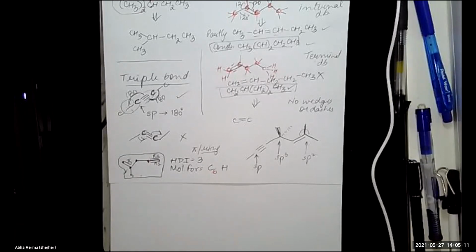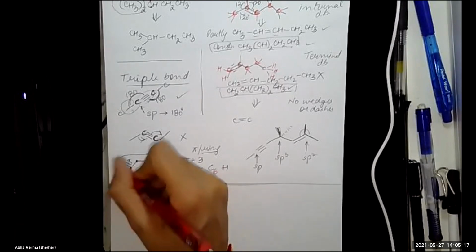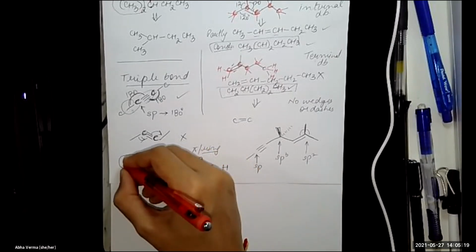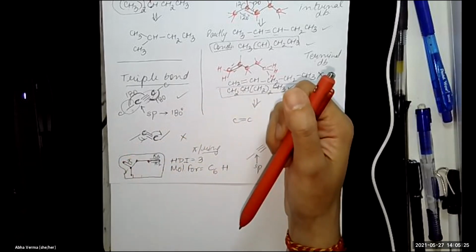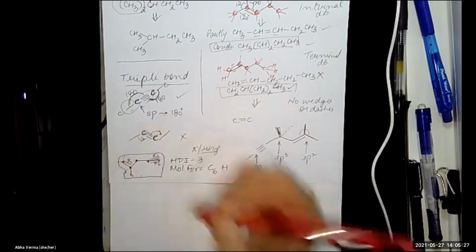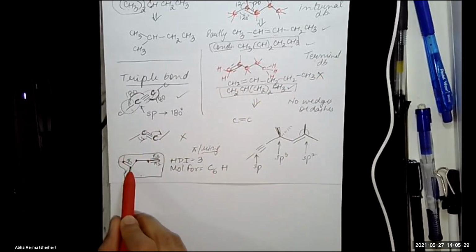Michaela Thomas. Yeah. Okay. Michaela, can you help me count how many hydrogens I have? Sure. So if I look at this carbon right here, how many hydrogens will be on this carbon? 2. Very good. And how many hydrogens will be on this carbon? 1.